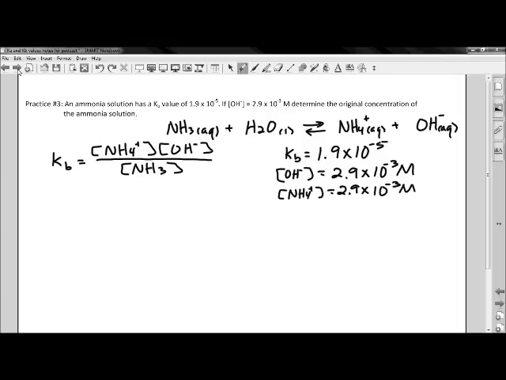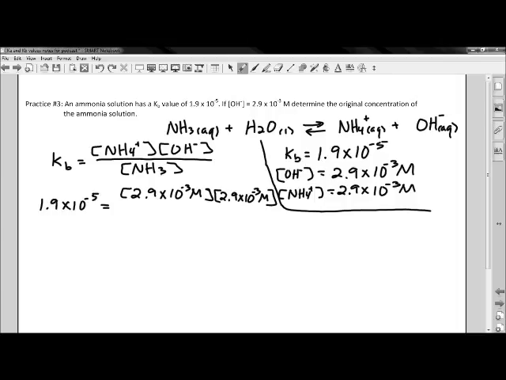This time they give me Kb, so 1.9 times 10 to the negative fifth is equal to 2.9 times 10 to the negative third times the same thing, divided by our ammonia concentration, which we do not know.